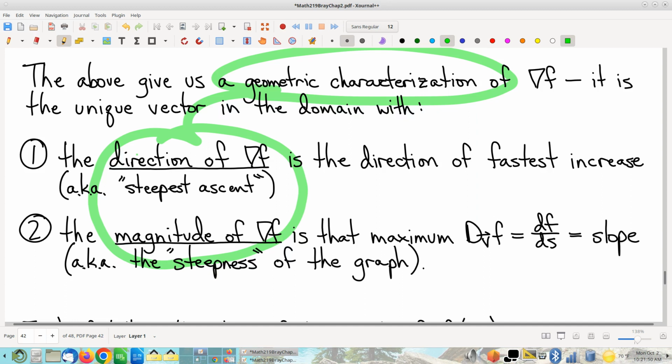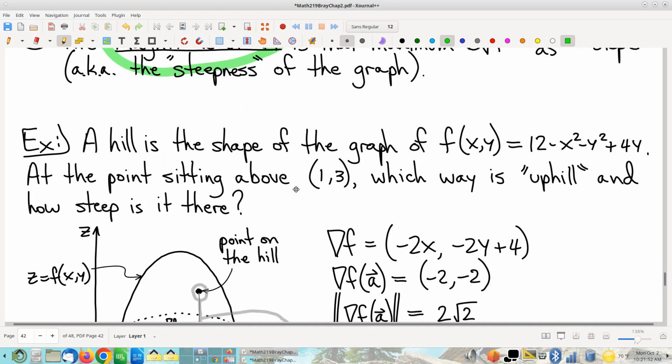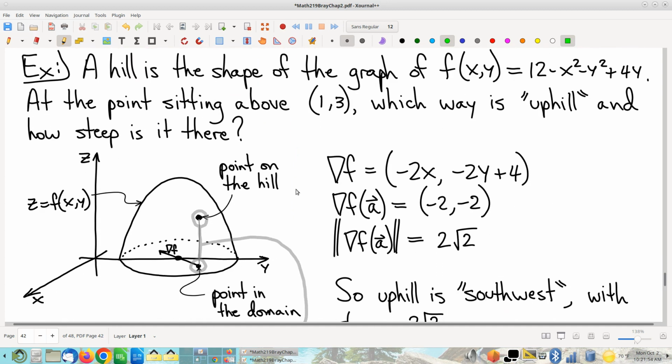So, moving along with an example now. We've got a hill in the shape of the graph of a certain function. Again, you've all heard me say it a million times: you always have to be really careful when you're looking at a picture. Make sure you have it very clear in your mind, consciously distinguishing what kind of picture this is.